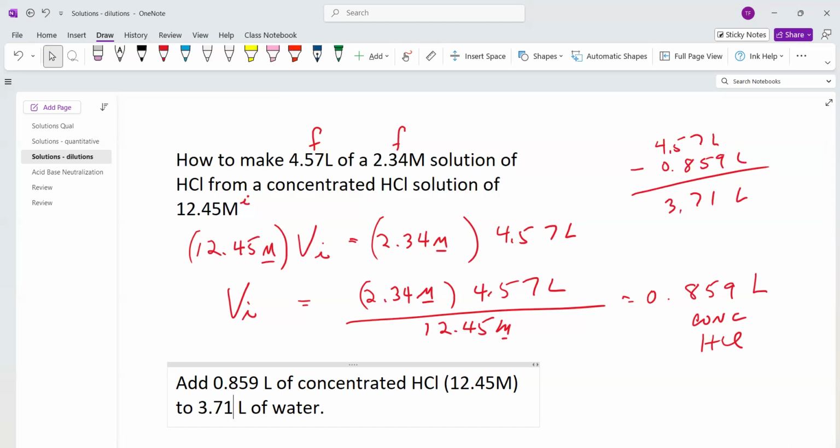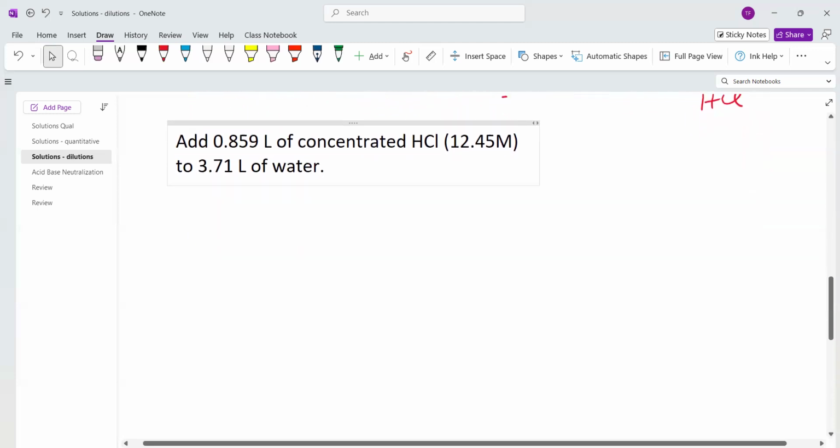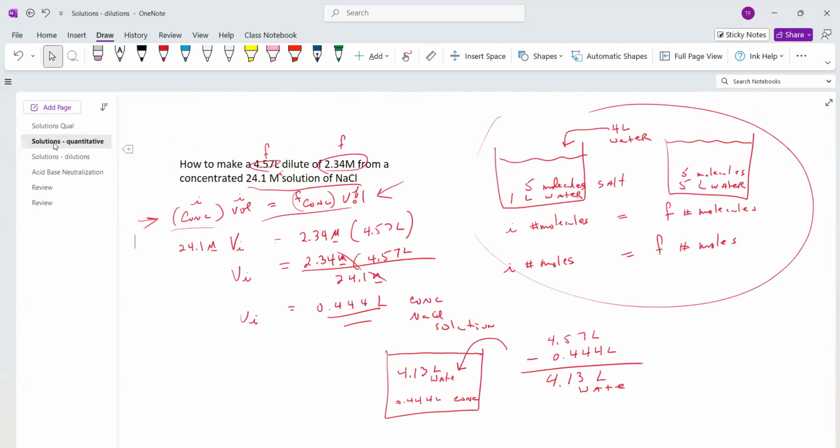Now, if I say on the test how to make, I want calculations and directions. So let's do directions on a dry mixture. Let's just go back to here.